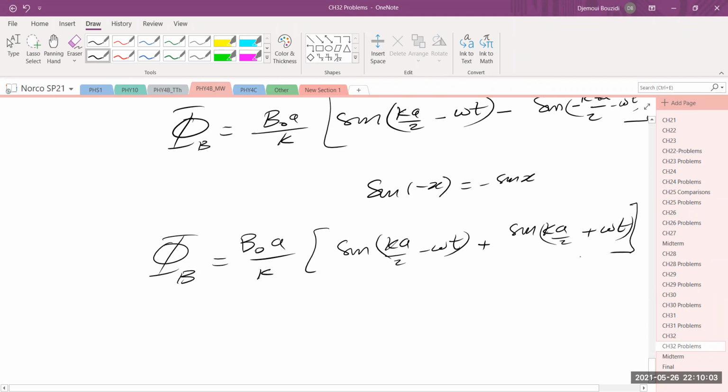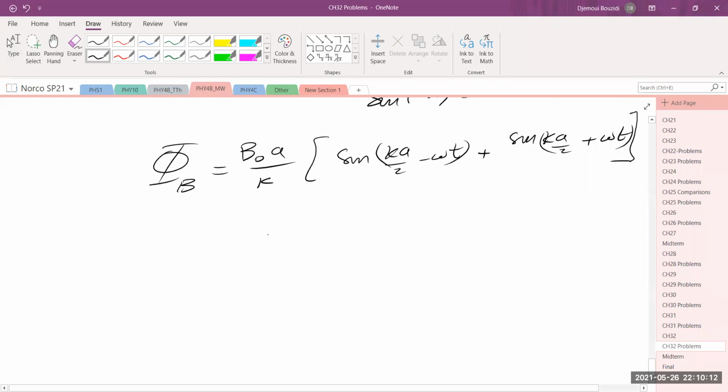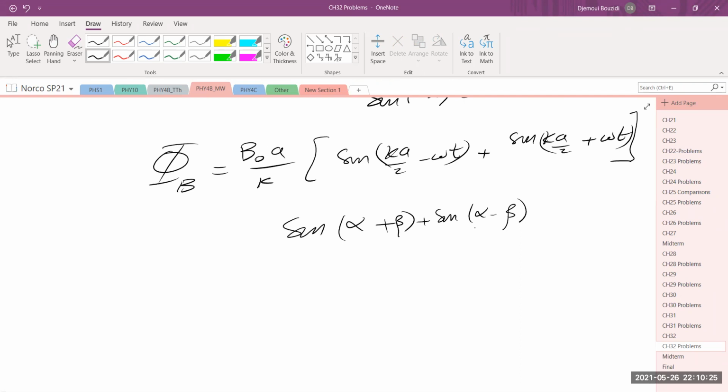If you look at the book, it says that sine of A plus B plus sine of A minus B is equal to 2 times sine of A times cosine of B. They should not have given you A and B, because you already have a B for the magnetic field, and that would have confused the thing. So that's why I'm switching it to alpha and beta: sine of alpha plus beta plus sine of alpha minus beta is equal to 2 times sine of alpha cosine of beta.